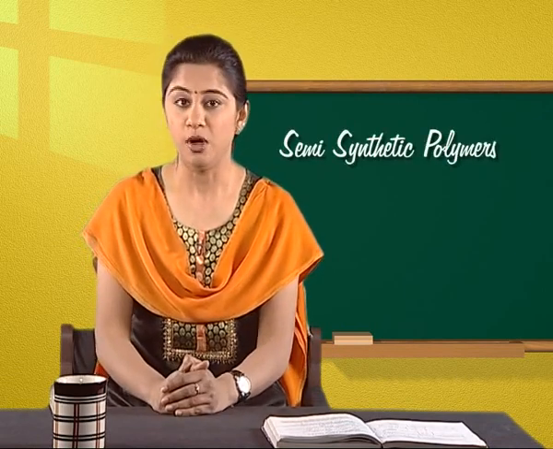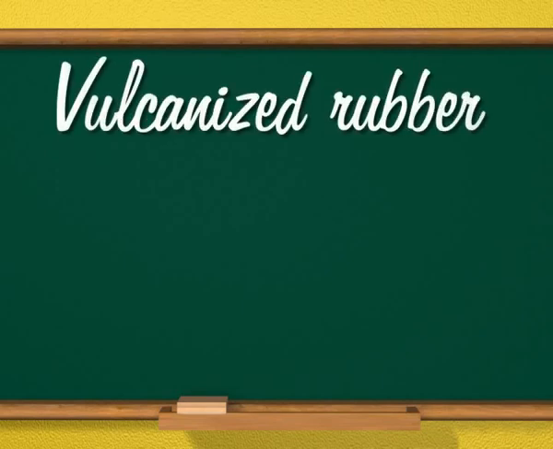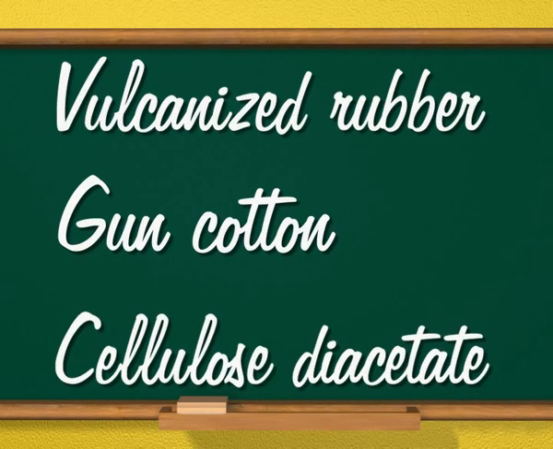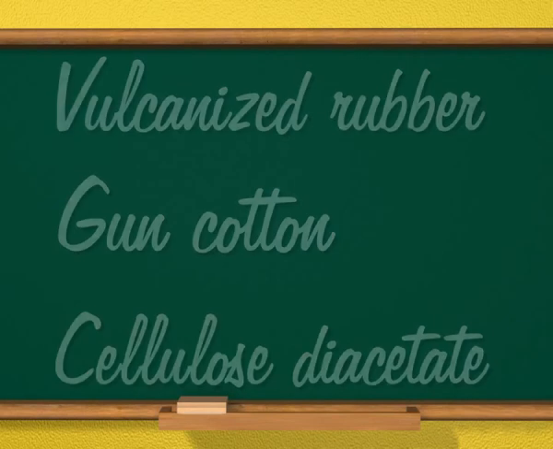Let us now have a look at the second type, which are semi-synthetic polymers. Semi-synthetic polymers are derived from naturally occurring polymers by chemical modifications. Vulcanized rubber, gun cotton and cellulose diacetate are a few examples of these kinds of polymers.